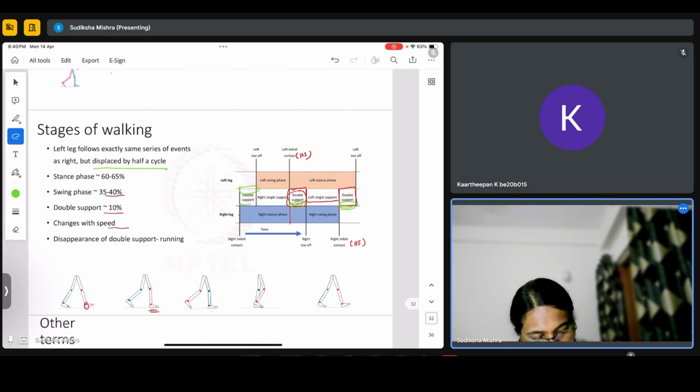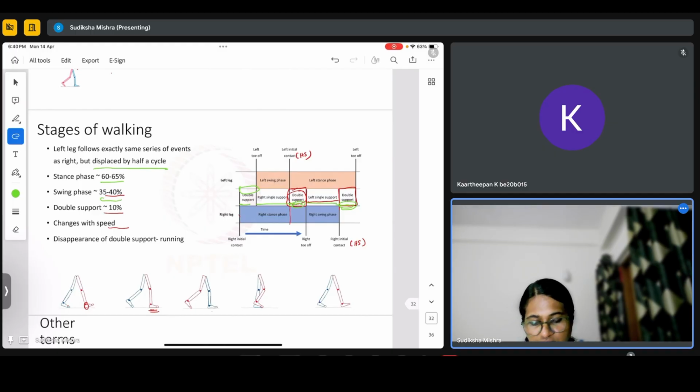So between two consecutive double supports, there is going to be one single support wherein one foot is in contact with the ground. The stance phase takes about 60 to 65% of the gait cycle.